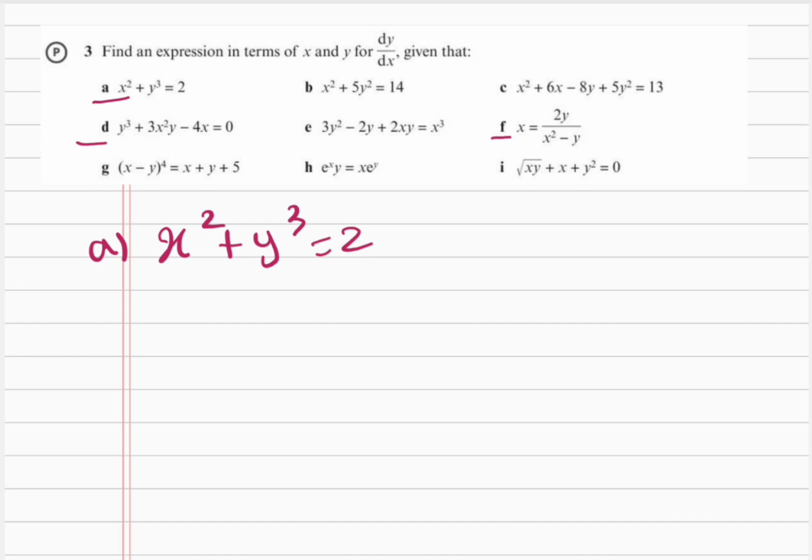So in this case, x squared plus y cubed is equal to 2. If you want to differentiate this using implicit differentiation, that's actually very simple. You just differentiate everything as usual, but since y is your dependent variable in this case, you differentiate x as usual, so nothing changes.